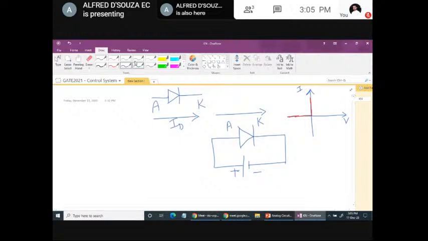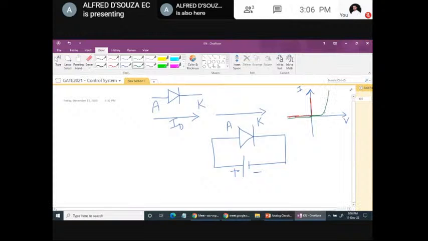However, we don't have ideal diodes. For practical diodes, if you reverse bias them, a small amount of reverse current will flow. And once you forward bias, until it reaches its cut-in voltage, the current through the diode is very close to zero, and afterwards it increases exponentially.